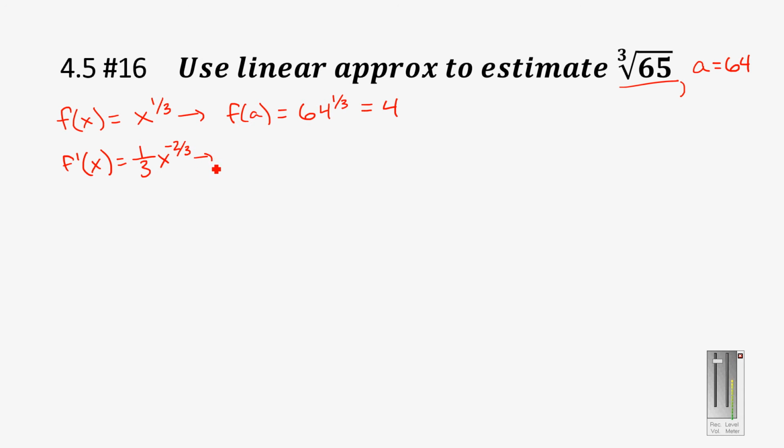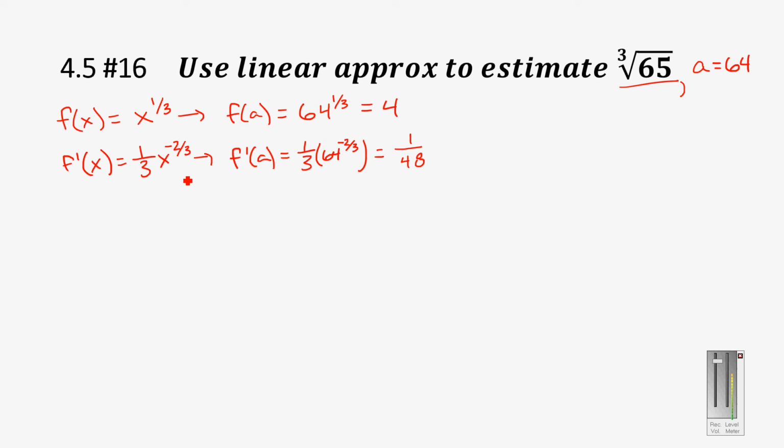So then f prime of a would be, and you could type this into your calculator, 1/3 times a, which again, a at this point is 64, and then 64 is going to be raised to the power of negative 2/3. If you type that into your calculator, I got it worked out right here, you're going to get 1 over 48.